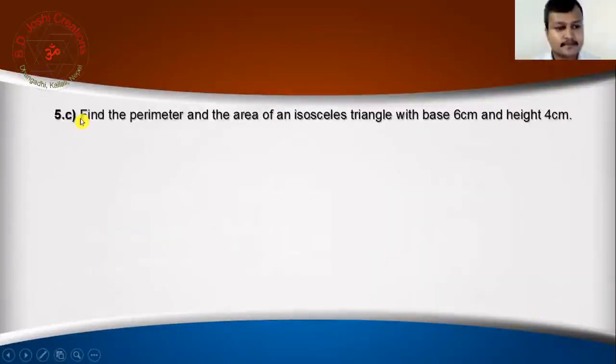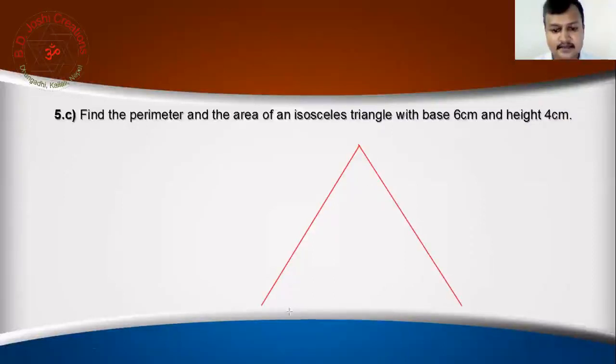Question number 5C. Find the perimeter and area of isosceles triangle with base 6 centimeter and height 4 centimeter. In the question, it is said that the triangle is isosceles, but what is given to us? Base and height are given to us. Even if we assume these two sides are equal to each other, what is given to us?